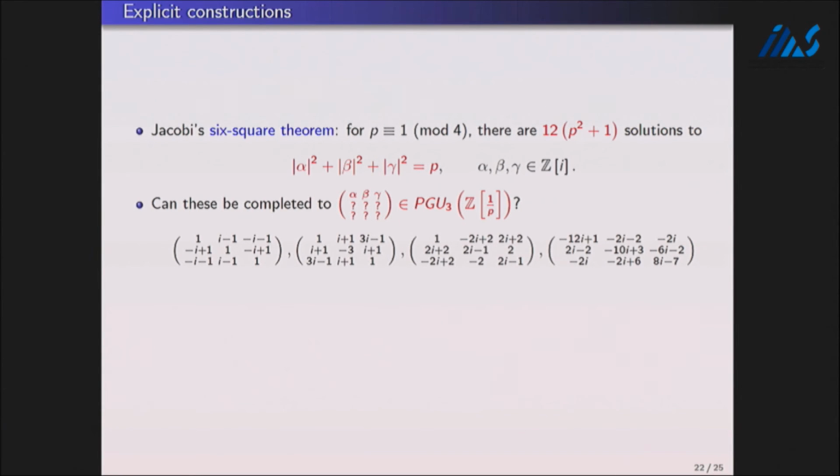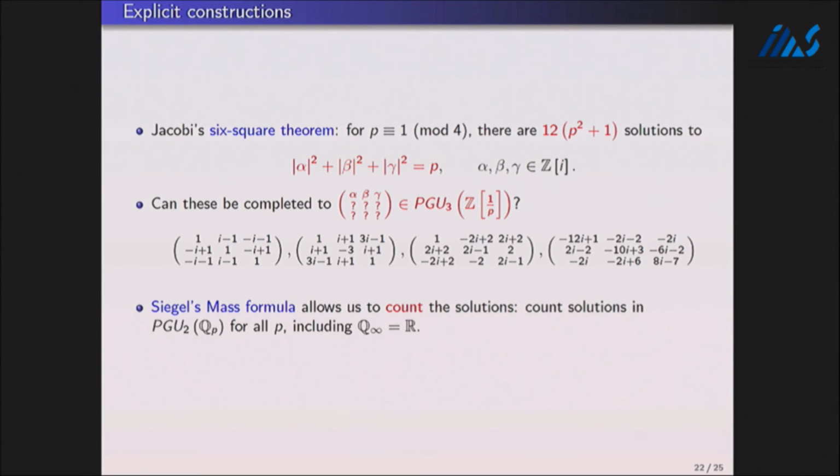And this was Siegel's lecture notes from '35 explaining the mass formula. And the mass formula is what you have to use, I think, to count the solutions to this completion problem. And it tells you to count the solutions in Q_p over all the p-adics and also over Q infinity, which is the real field.